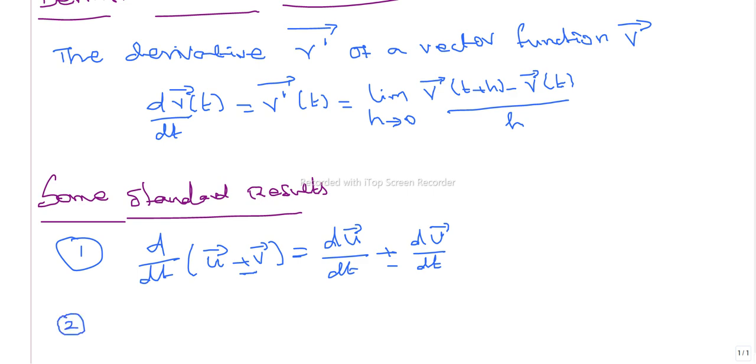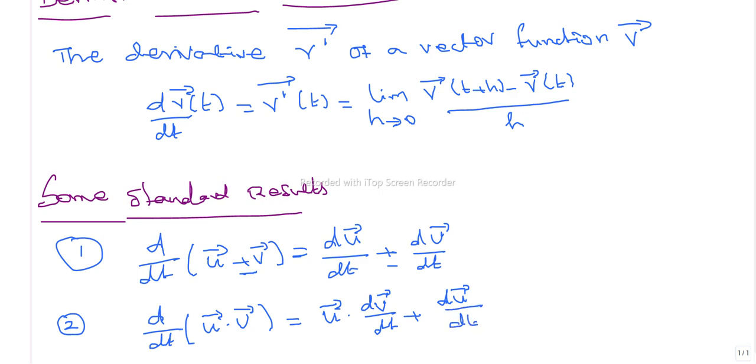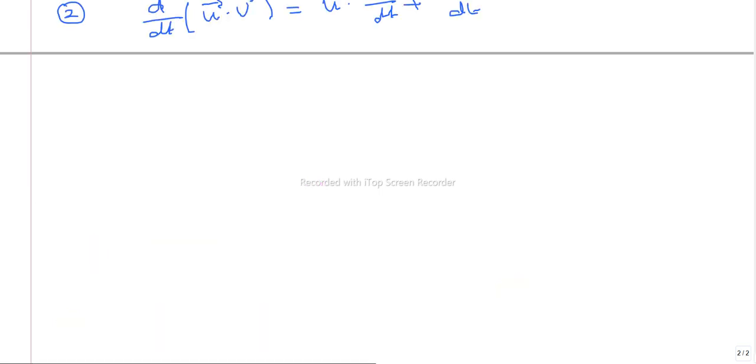Now the second is the dot product. Suppose we have two vector functions u and v; what is the derivative of the product? First you fix the vector u and differentiate the other vector, plus differentiate the vector u with respect to t and fix the other. This is the second property.